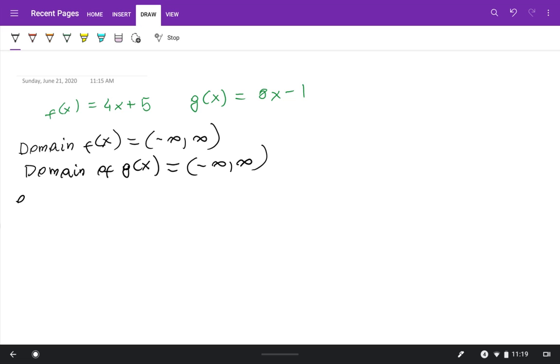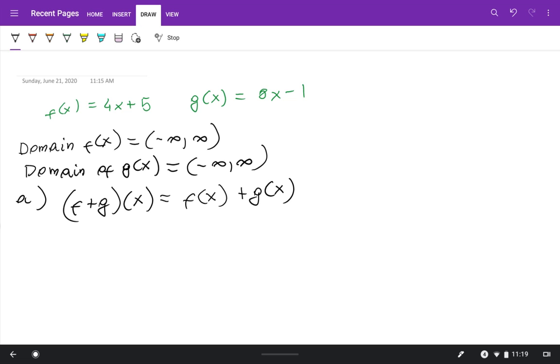So for part A, they want you to find the sum of those two functions, f plus g of x. Using the definition, that means how you're going to find the sum: you add the equation of function f to the equation of function g.